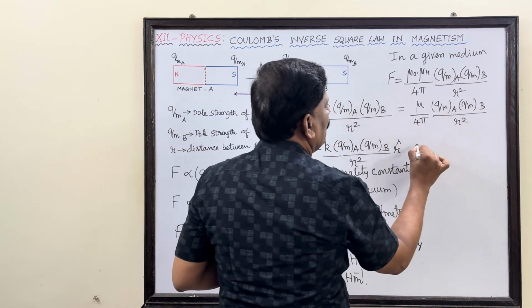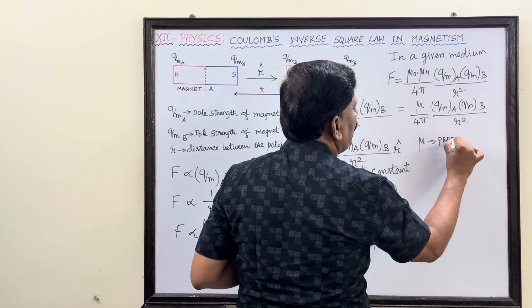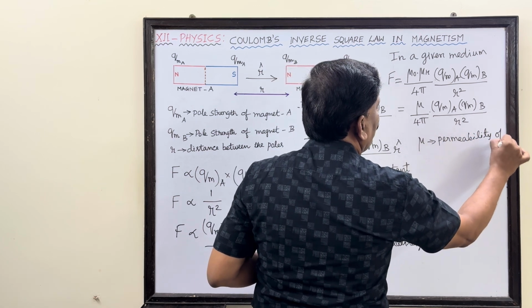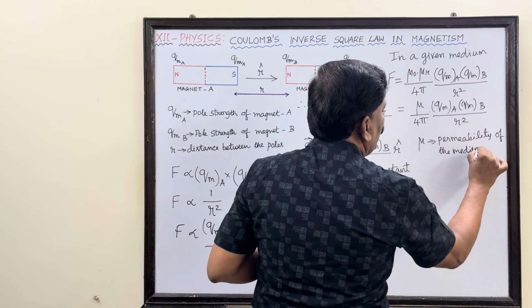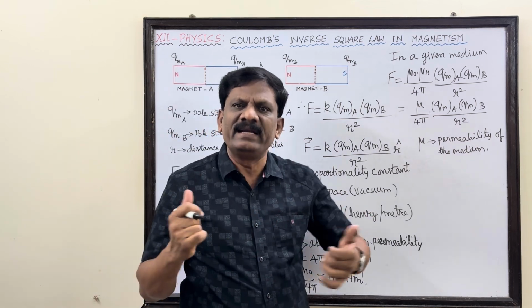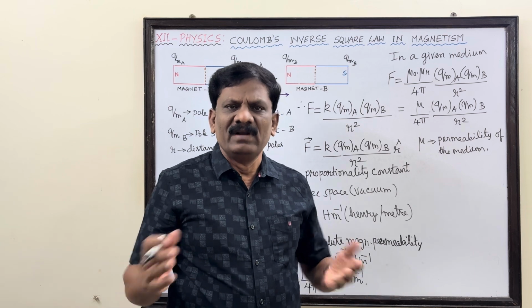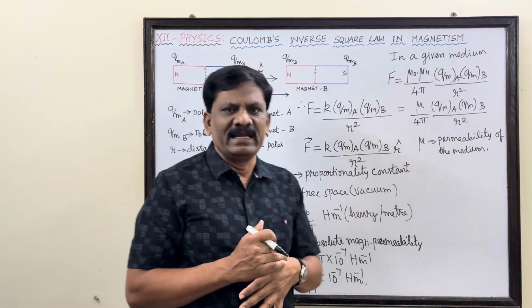So here mu is the permeability of the medium, the magnetic permeability of the given medium. I told you permeability is the ability of the medium to permit the flow of magnetic lines. Water and air and oil will not have the same capacity to allow the flow of magnetic lines between the poles.